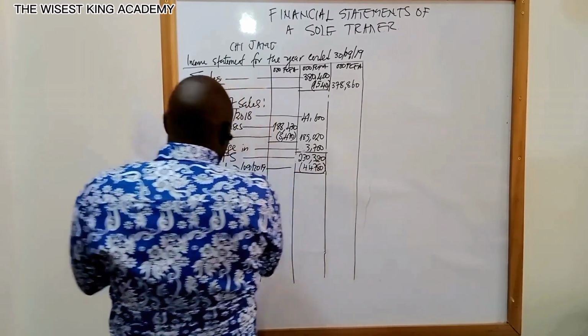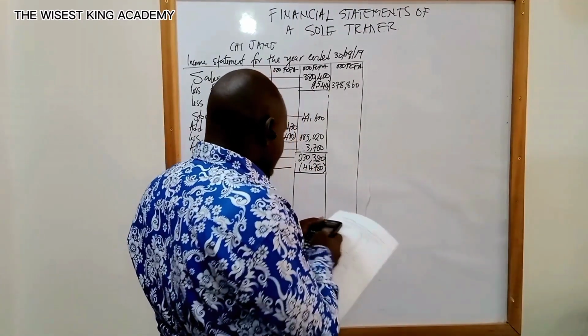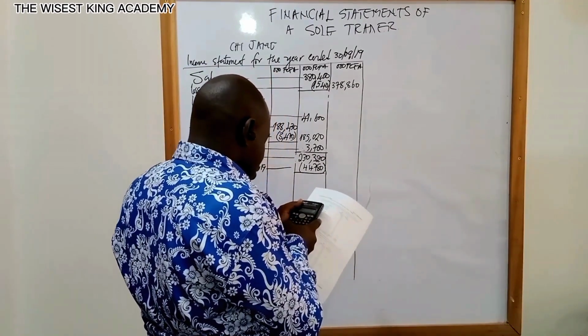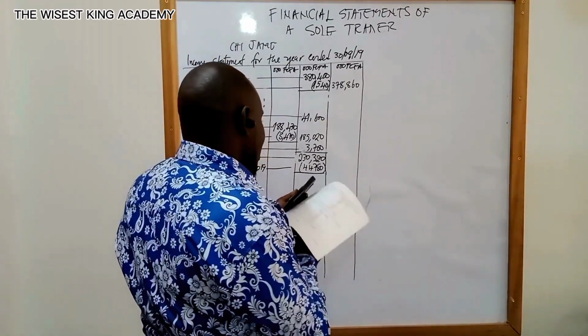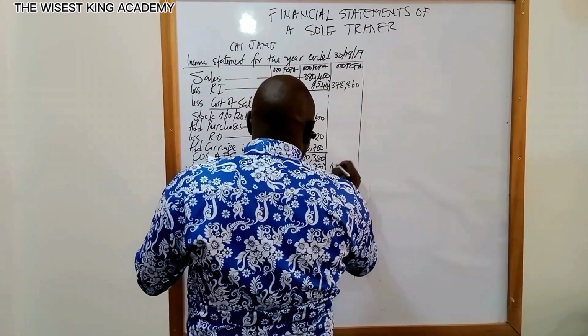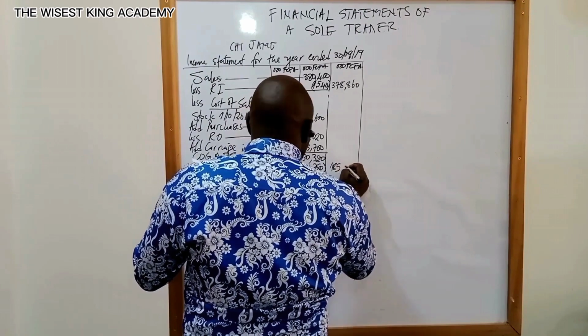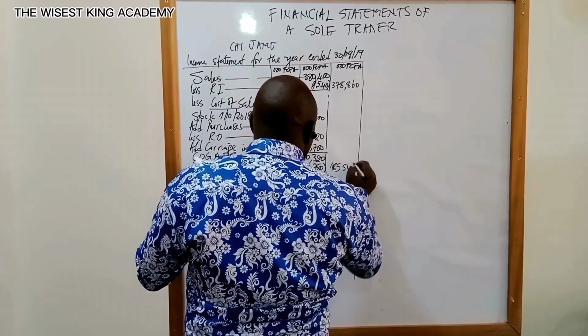When we subtract that, the difference gives us our cost of sales, minus 44,780. So that gives our cost of sales as 185,540.